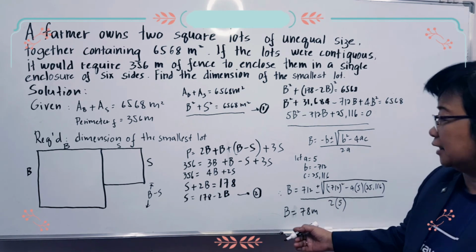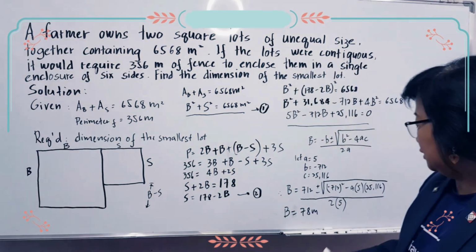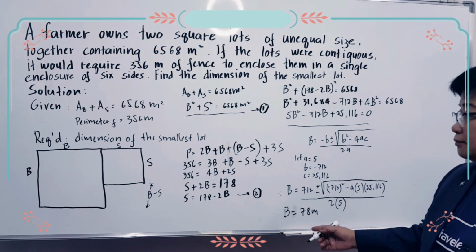That means that is the side of the big lot, which is equal to 78 meters.